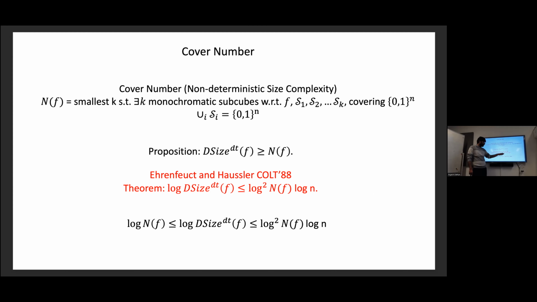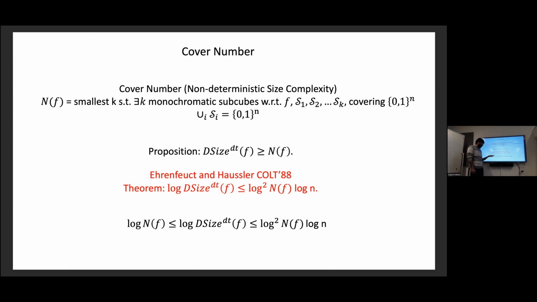There exists a function where deterministic size has to be at least log square of the cover number, but it's still an open problem whether this log n should be there or not. So combining these two, log cover number is a lower bound on log of deterministic size, and log of cover number to the power 2 into log n factor is an upper bound. So now we have a combinatorial measure which can act as a proxy to log of deterministic size.